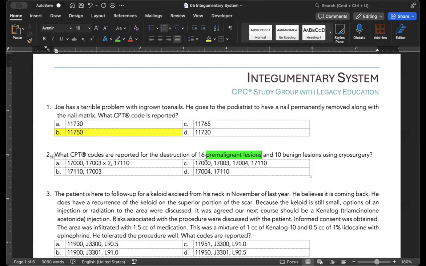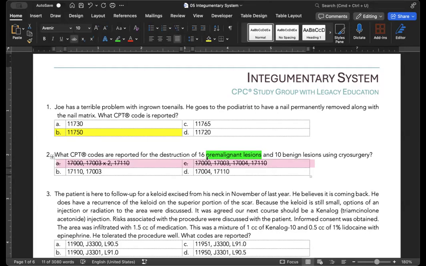So let's look at the 17003 underneath. Well, actually, we can rule out A and C, right? Because we know that 17000 is not it. 17003 is for the second through the 14 lesions, but we have 16 total.